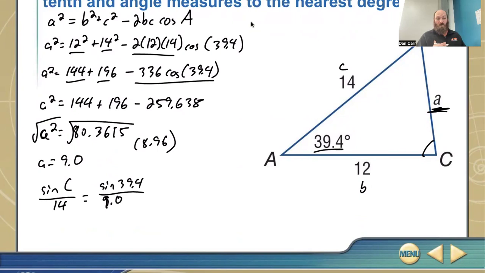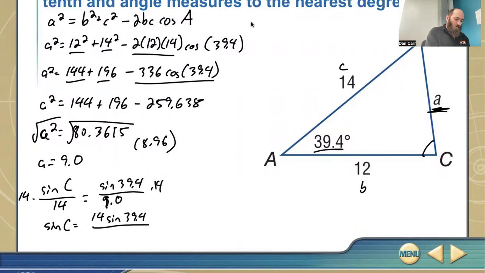Now, for my purposes here, I'm actually not going to use 9.0. I'm going to use from my calculator this decimal number. Okay, it's better to use the decimal number that you did not round off as part of your calculations. So in this case, if I multiply both sides by 14 here, the sine of C will be 14 times the sine of 39.4 divided by 9.0.